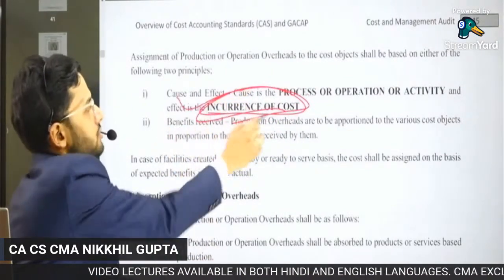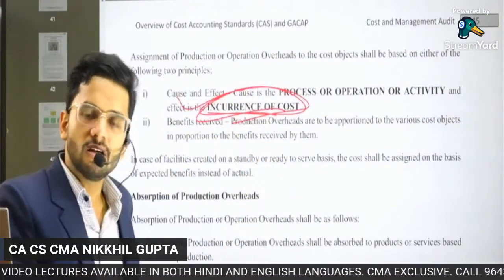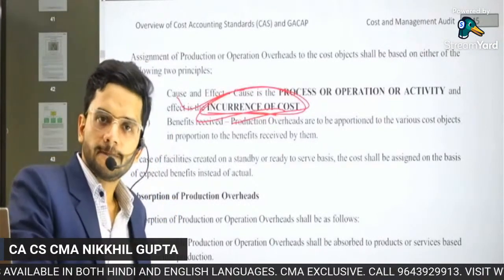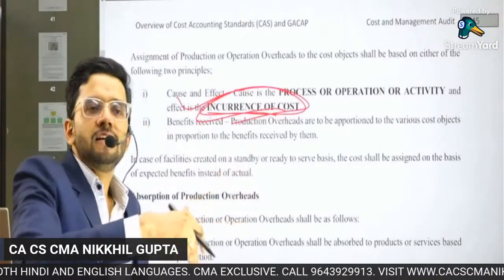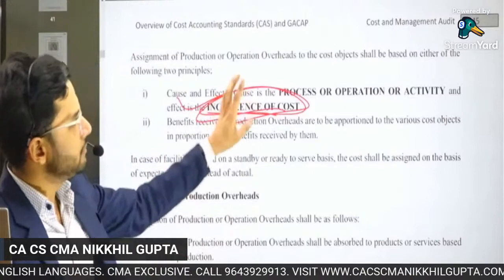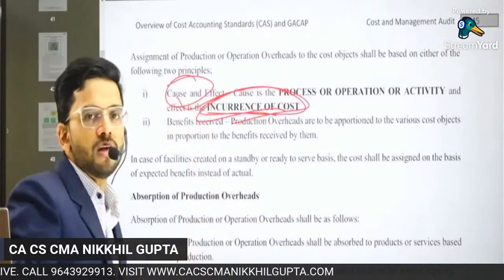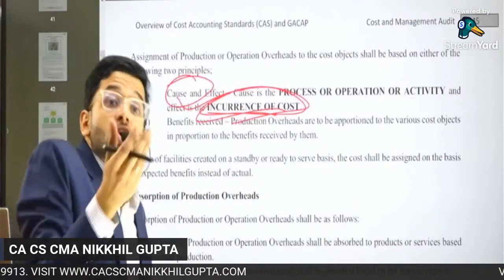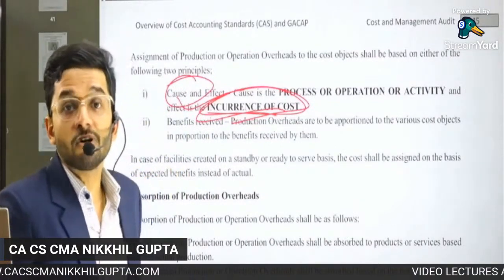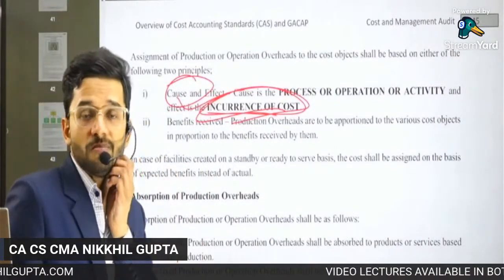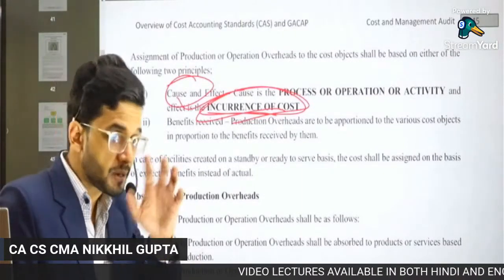Whosoever has consumed more shall be given the credit of that particular cause. So cause means for which cost center are we incurring this expense? For which cost center has this cost been incurred? That is the prime principle.